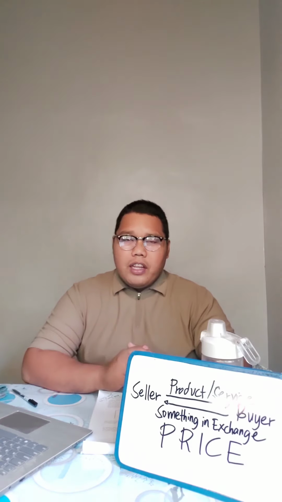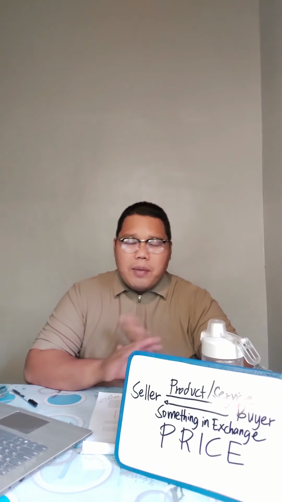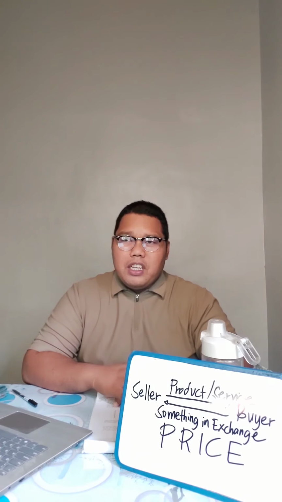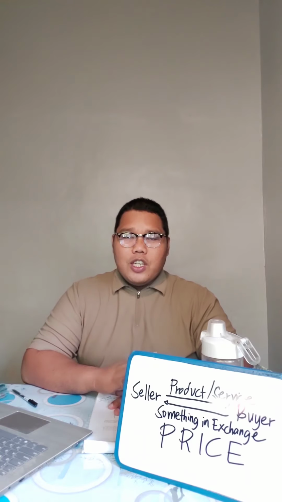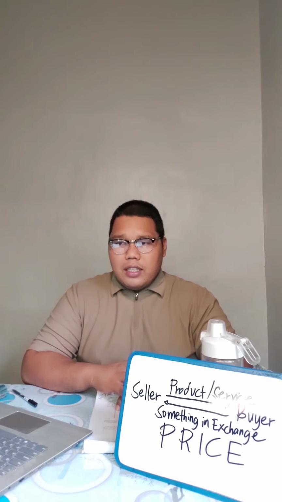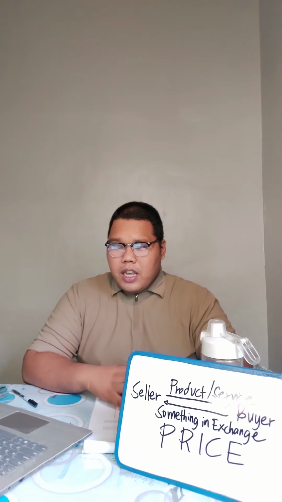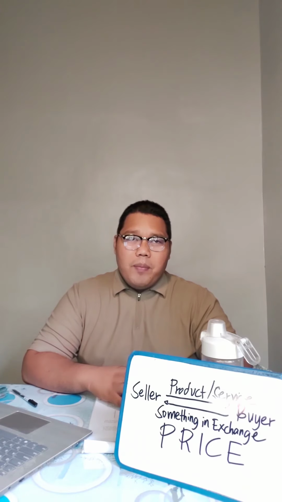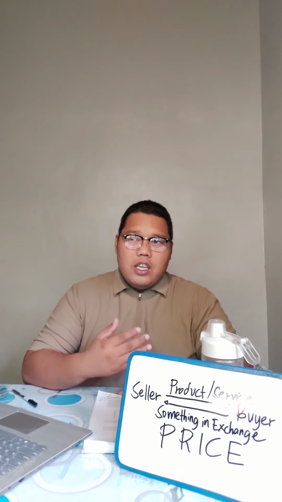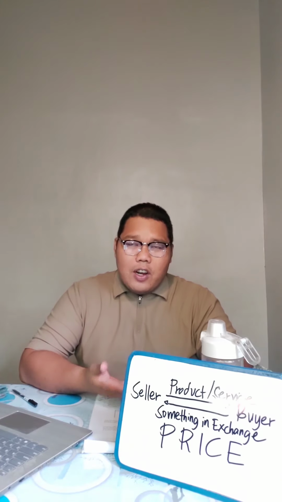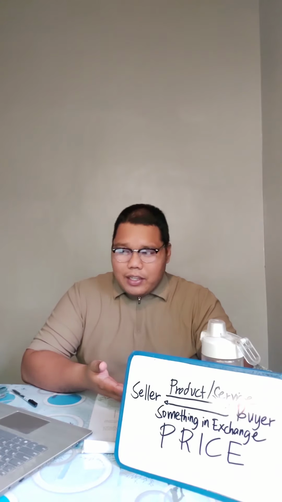Okay, the product could be any types of product under the scope of marketing. It could be goods, services, information, places, experiences, events, ideas, properties. The buyer, we can categorize buyer based on the types of market. Is he a consumer buyer or an industrial buyer?